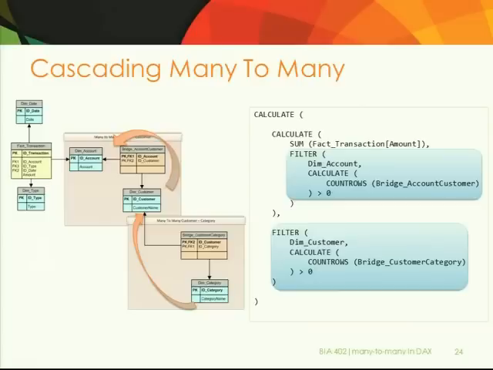Once that filter has been correctly applied, then you can do the second calculate that will work with the first set of filters already in place. If you have 3 levels, 3 inner calculate. 4 levels, 4 calculate. 5 levels, you are in trouble. Maybe you might think about changing your data model because it's getting too complex. Nevertheless, the pattern is very easy. Just add 1 calculate each time is needed, and always use the same pattern. Okay?